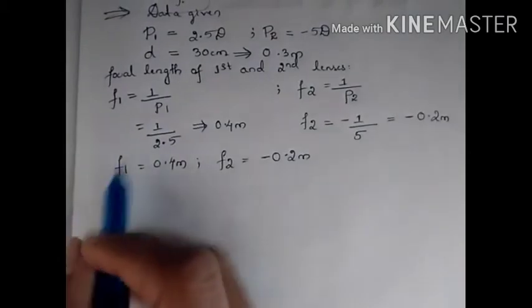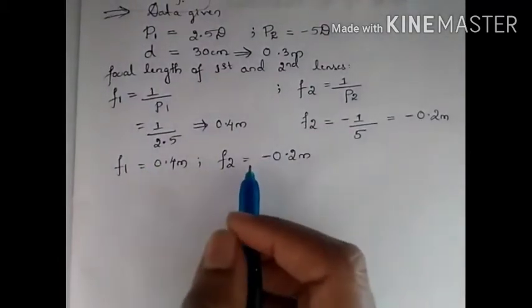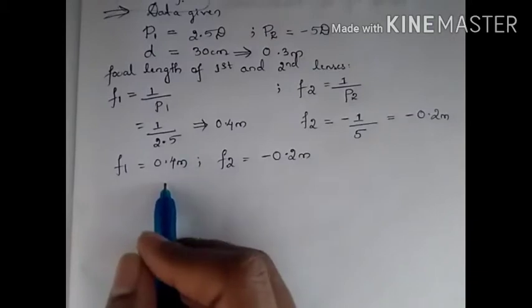Now with F1 and F2, we have to find the equivalent focal length of the coaxial system.